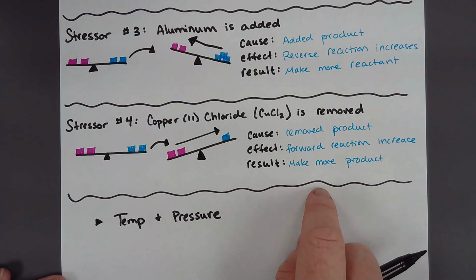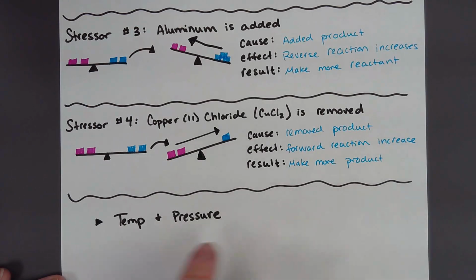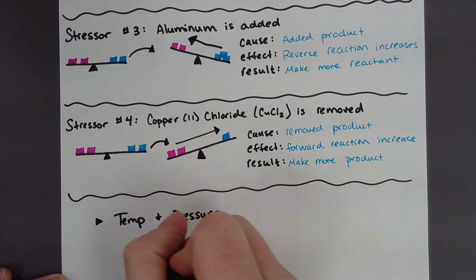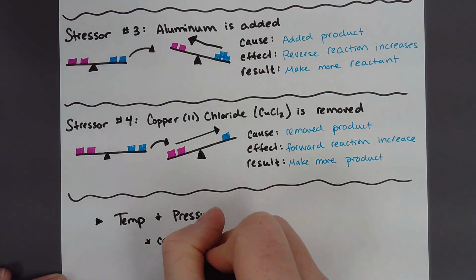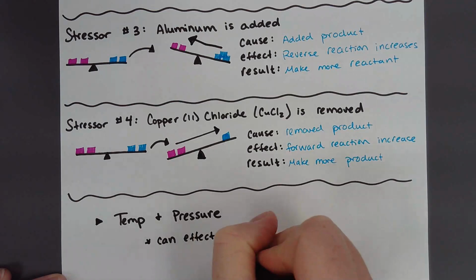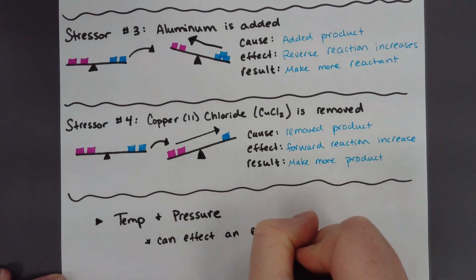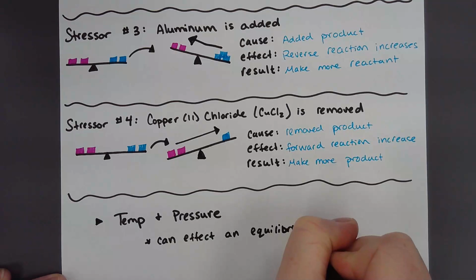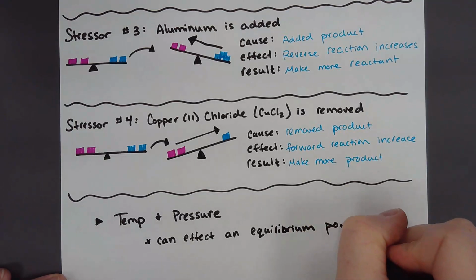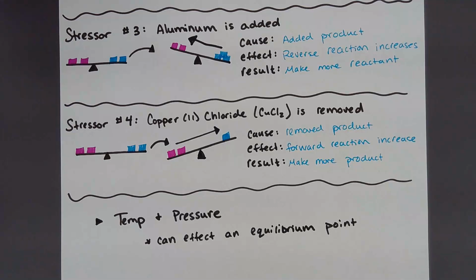It depends on the specifics of the reaction, but they still can affect an equilibrium point. We just don't do sample problems with it here because it's not quite as generic. It's more specific. So you would be looking at specific problems, and you'll do that in your virtual lab.